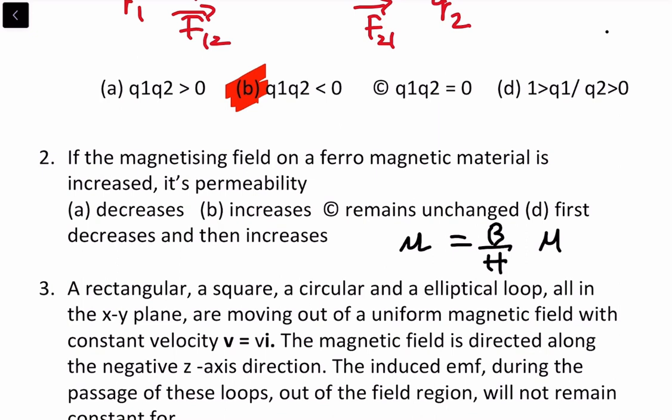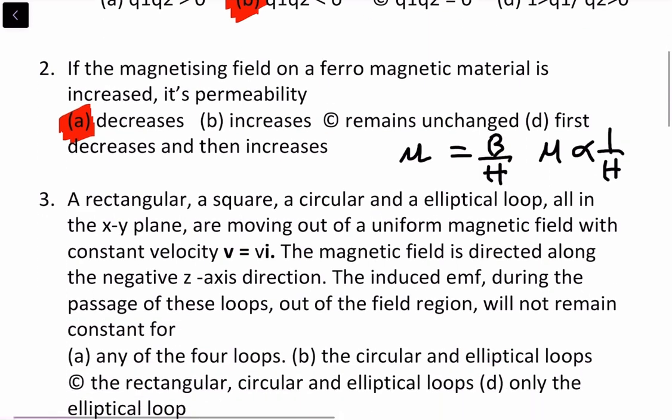Now if H increases, that is the magnetizing field increases, then what happens here? Mu decreases. So here the correct option is decreases. Answer is A. Okay. Now let's go for the third one.